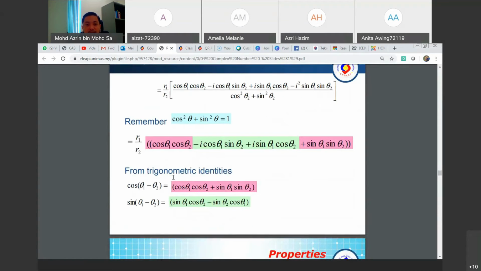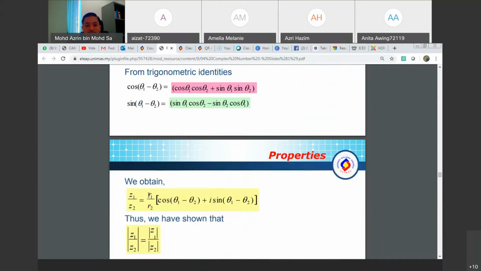So again, using trigonometric identities, you can arrange it in terms of the imaginary part in blue and the real part in pink. So this part is equal to cos of theta 1 minus theta 2, and the imaginary part you get sin of theta 1 minus theta 2.